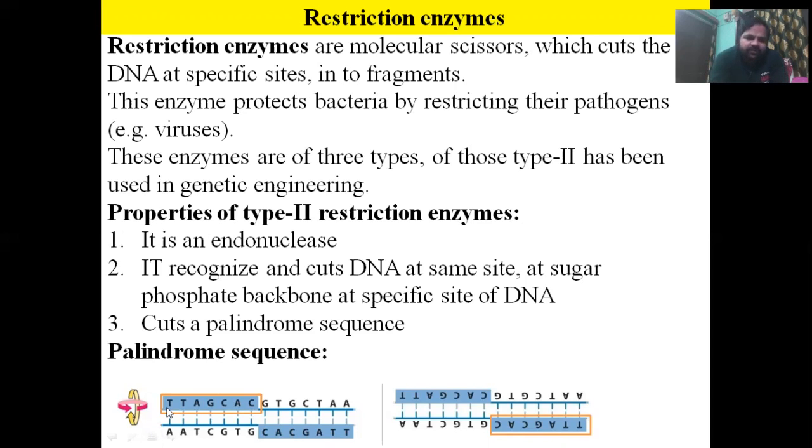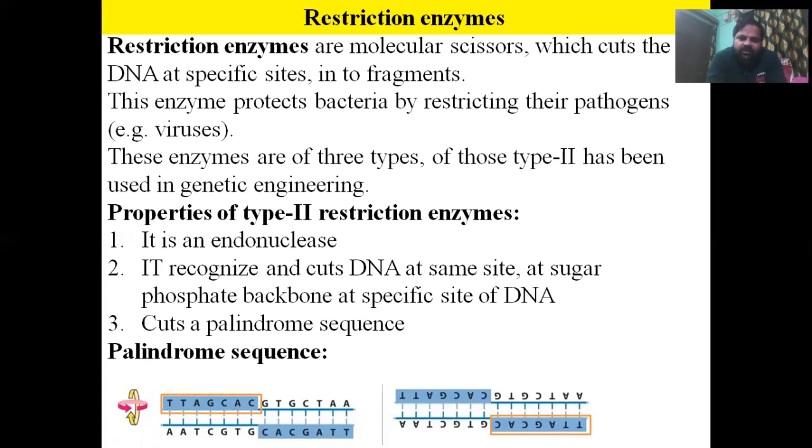For example, this is a sequence which is recognized by a particular restriction enzyme in the DNA. And what is the meaning of palindrome sequence? When we invert this fragment, we can see the sequence TTA, GCAC, and after inversion, the sequence is the same.